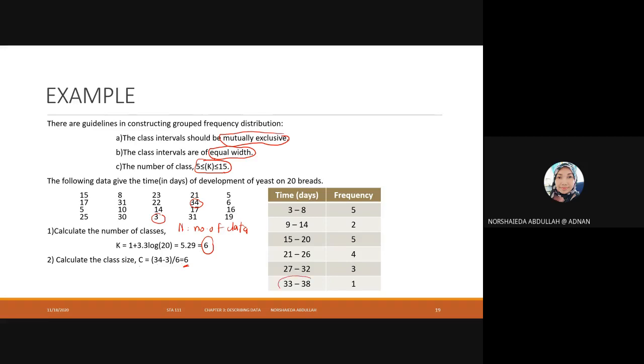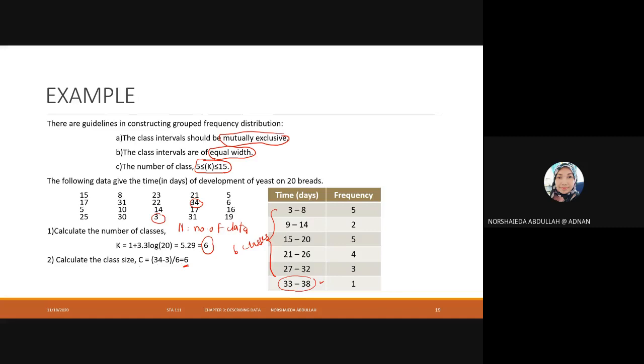We must make sure that the largest data, 34, can fit into the table. So 34 can fit here, 33 to 38. So we have 6 classes, and also the size of each class is 6.